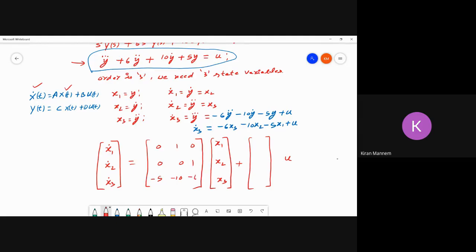And the B matrix would be 0, 0, and 1. So this is the state model of the given problem.